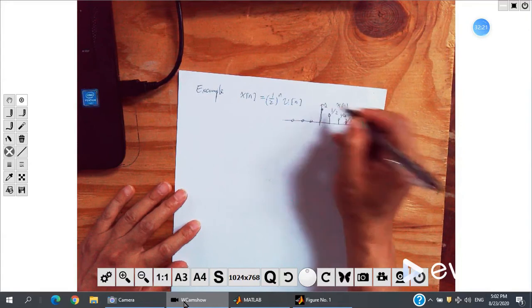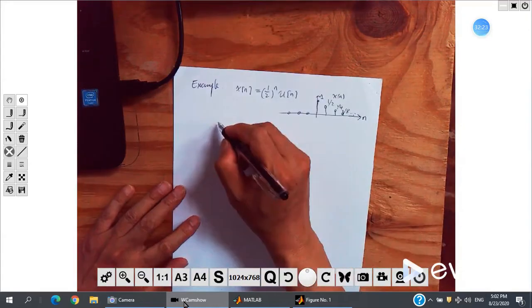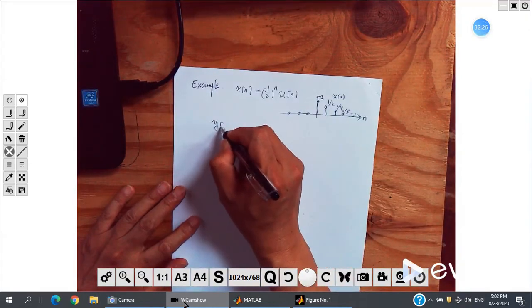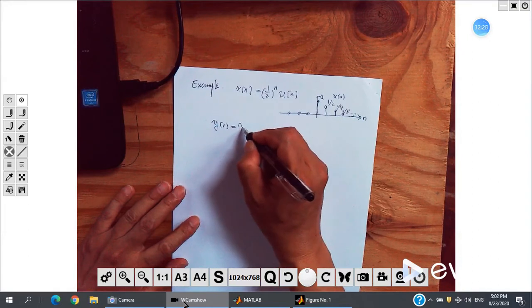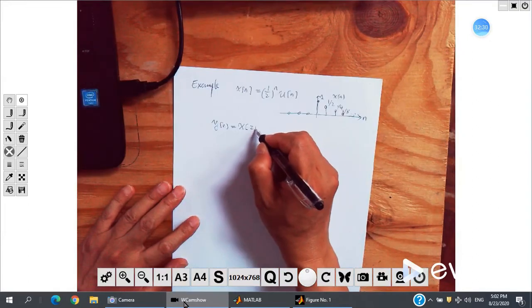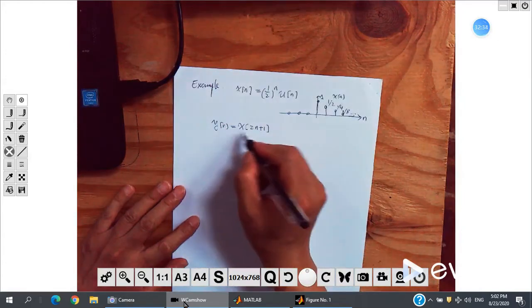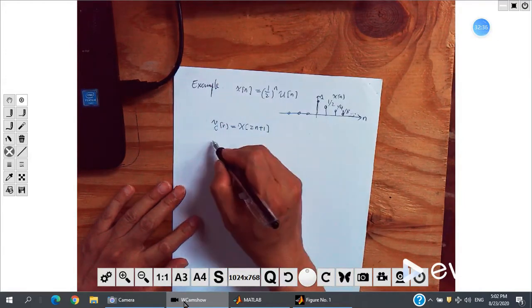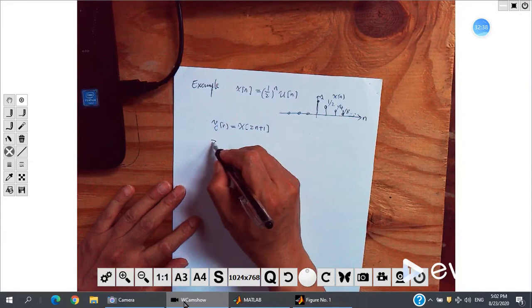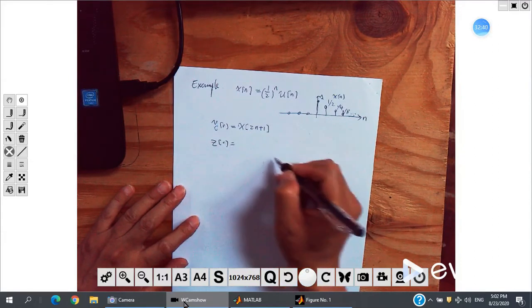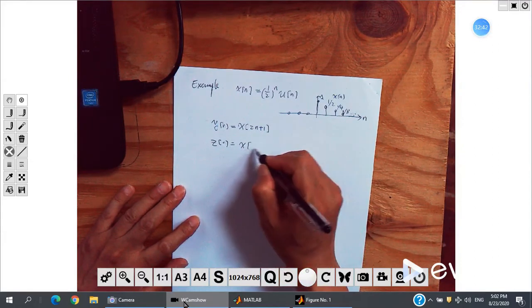This is x. And then we want to know y of n equal to x of 2n plus 1. Well, this is y. And I have another, z of n, which is x of 2n.